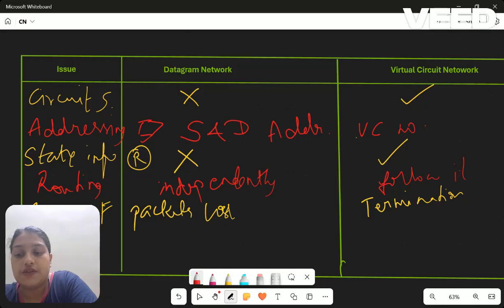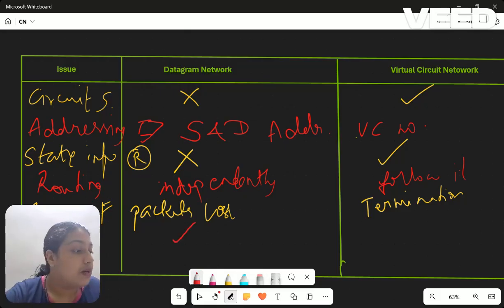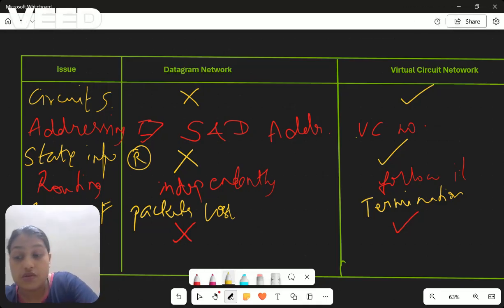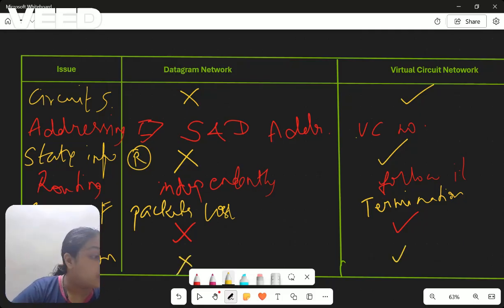Then we have quality of service. Quality of service is difficult in datagram network, but it is easy if enough resources can be allocated in advance for each virtual circuit. Also congestion control. Congestion control is difficult in datagram network, whereas it is easy in virtual circuit if there are enough resources allocated inside.